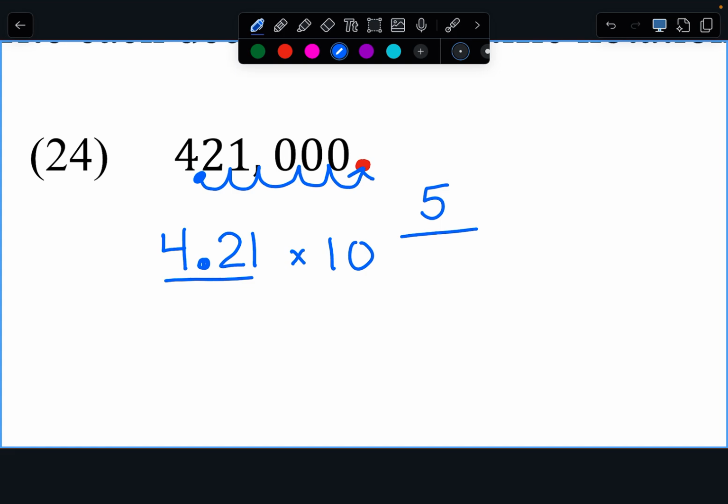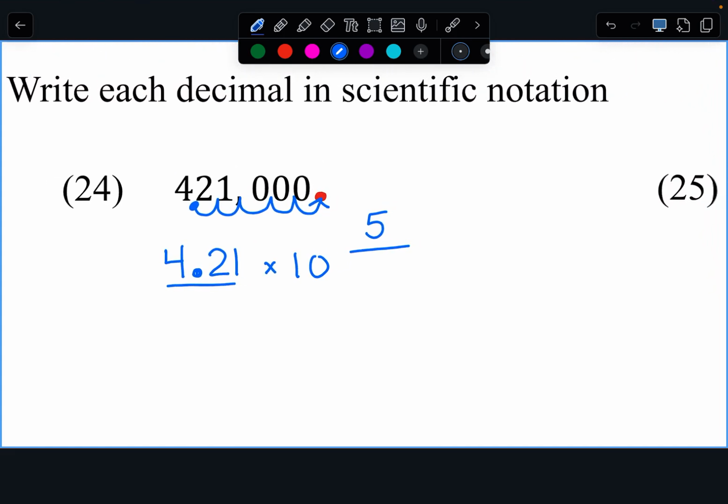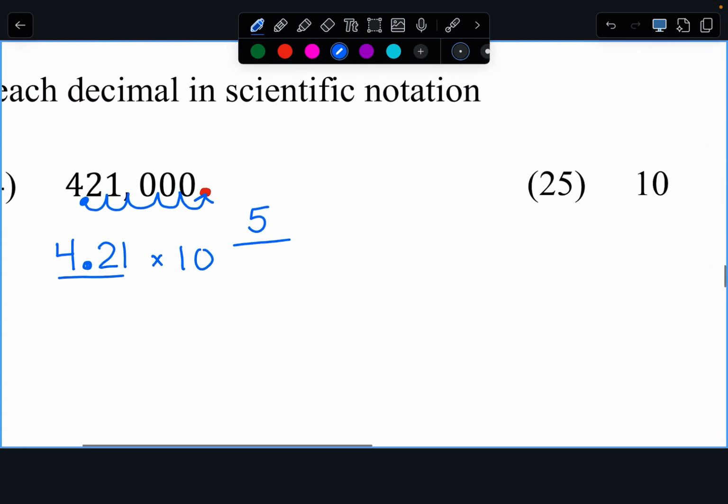Okay? That's it. What's great is if you ever want to check, in your calculator, type in 4.21 times 10 exponent 5. Does it give you that number? You can always use that as a check.